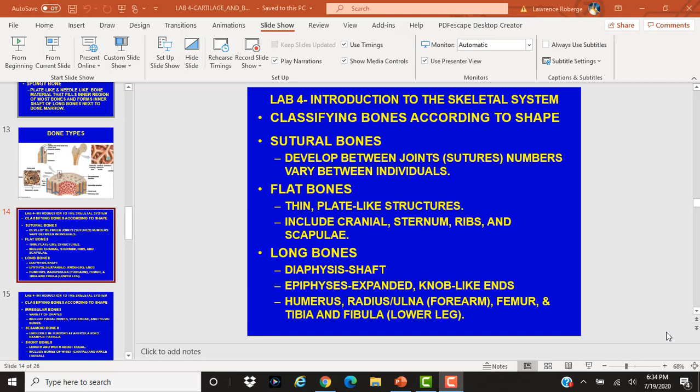Now, flat bones are thin. They're plate-like structures. They include the cranial bones, the sternum, the ribs, the scapula. They're flat, or maybe they're curved somewhat, but they're still flat. In other words, compact bone on the top, compact bone on the bottom, in between this spongy bone, sometimes they'll call it diploe, and in that spongy bone, of course, there's going to be some bone marrow, but that's about it, okay?